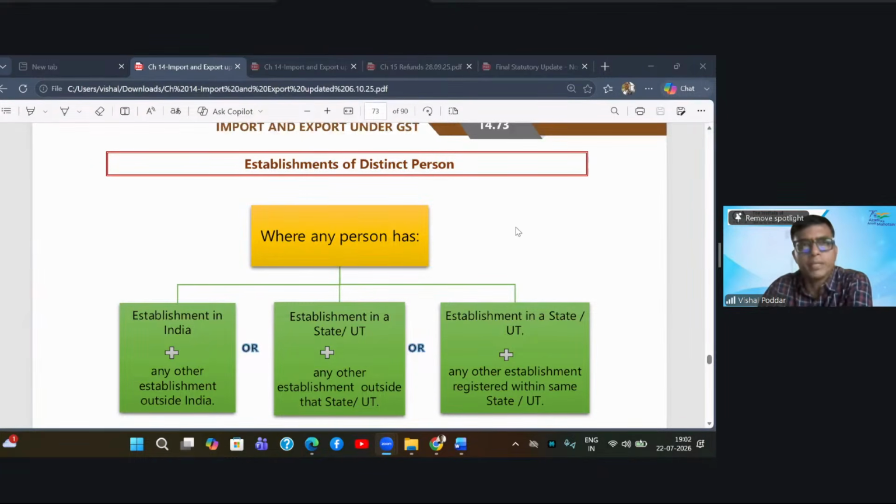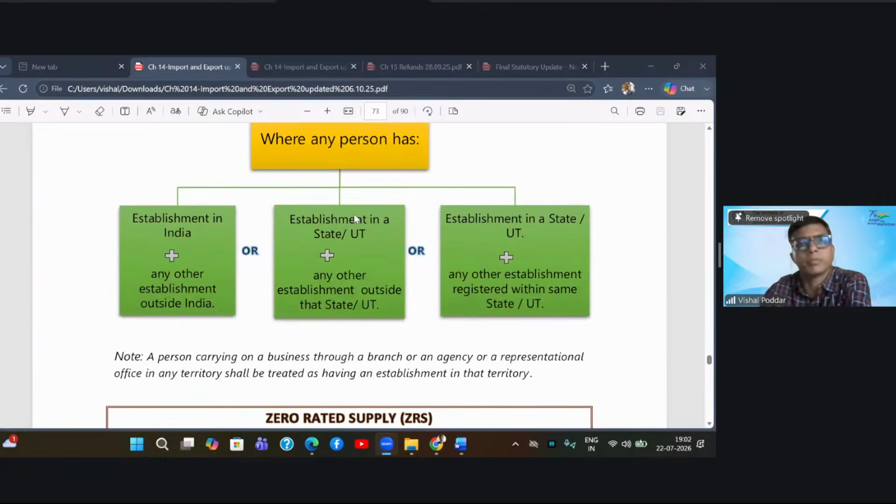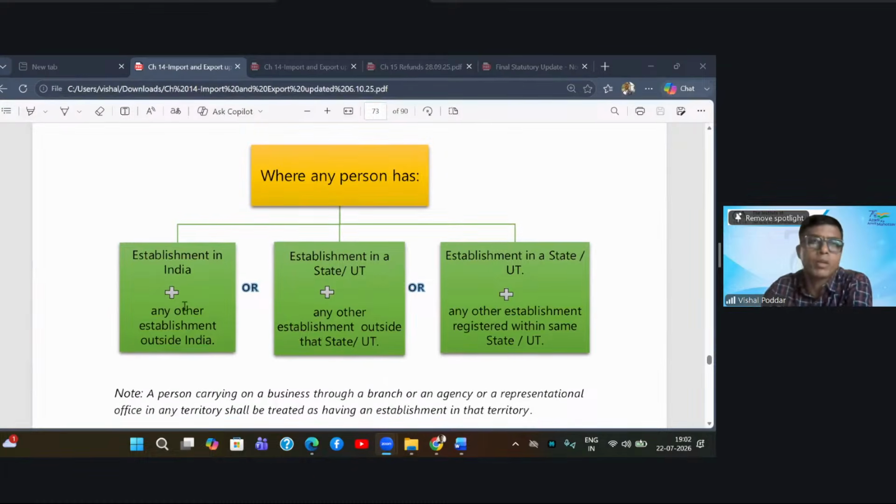Now interestingly, we have a concept called establishment of the distinct person. What is this concept? Where you have an establishment in India and you also have another establishment outside India, this will be the first case where it will be called establishment of distinct person. Second, you have an establishment in one state and an establishment in another state.